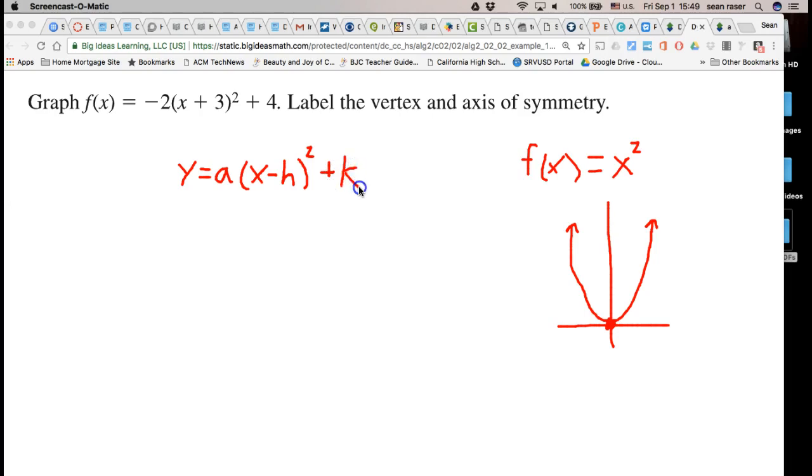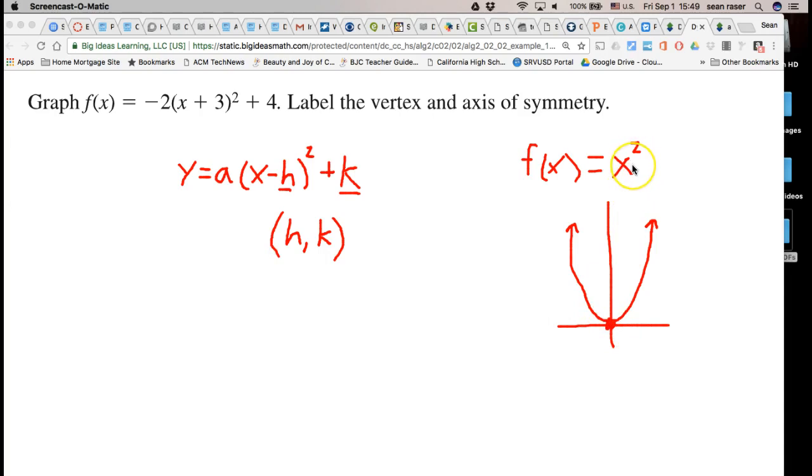So remember, when you have a quadratic in vertex form, the values h and k give you the coordinates at which your vertex is located.